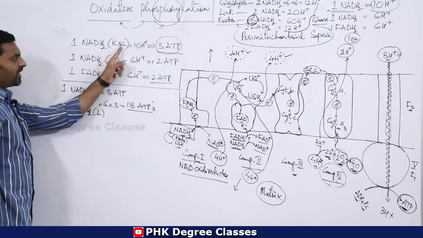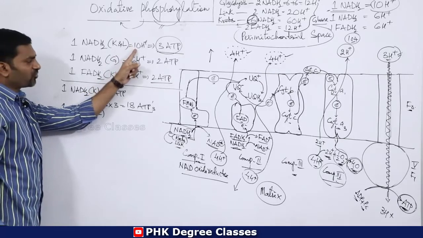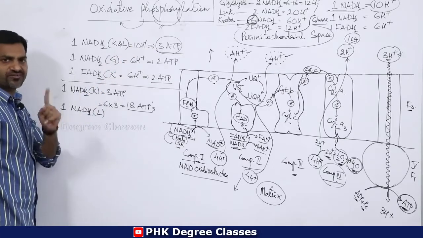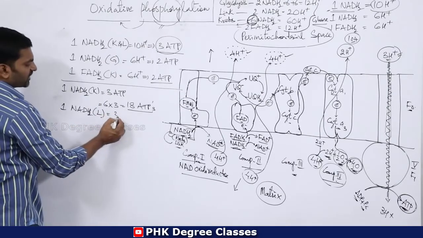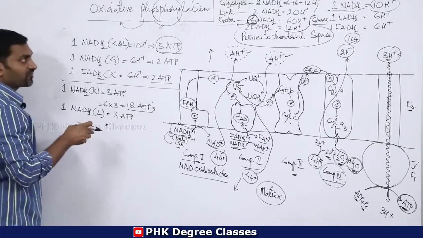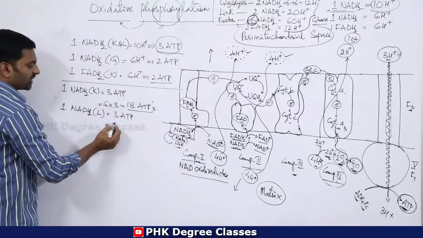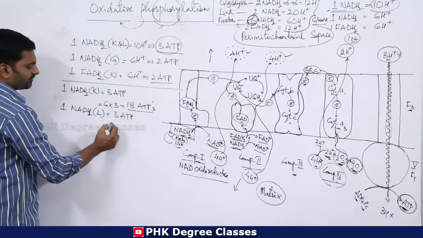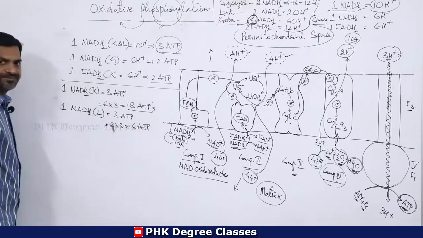So Krebs cycle and link reaction will give rise to 10 protons. 10 protons is equivalent to the formation of 3 ATPs. Clear? Then come to link reaction. So link reaction also gives 3 ATPs. Then how many NADH2s are formed in the link reaction? 2 NADH2. Right? So 2 into 3, that is 6 ATPs.